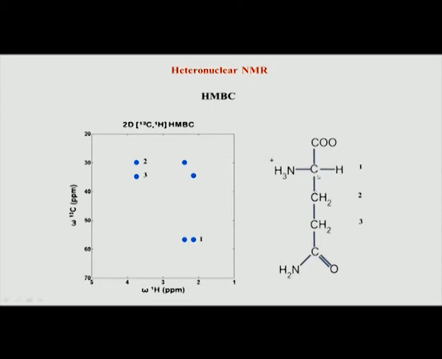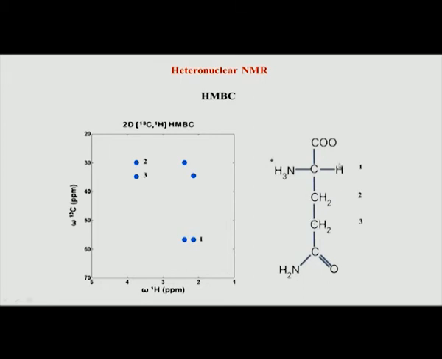You can also have a further coupling on this side, even smaller: this is 3 bonds, which is 2 to 5 hertz, sometimes even less than 2 hertz. It varies, but there is a finite small coupling possible up to 3 bonds. You can go further, but that is much weaker and we can ignore it. So we will focus only on 2 bond or 3 bond carbon-proton long range coupling.